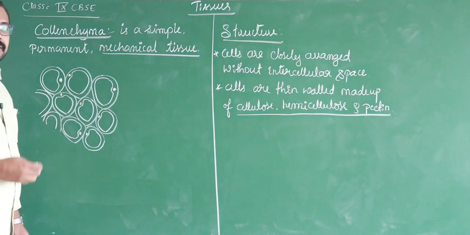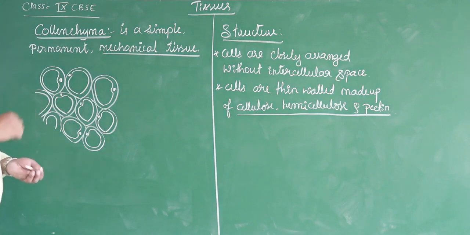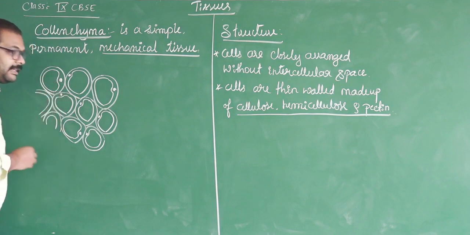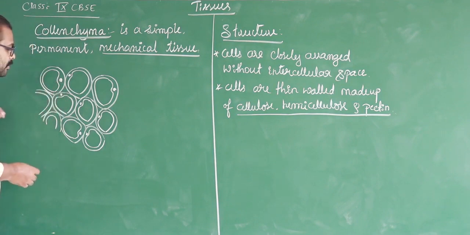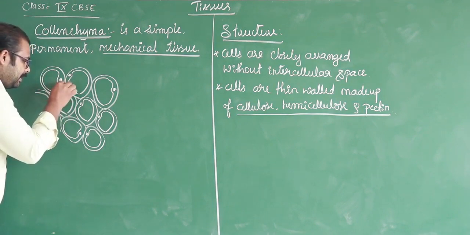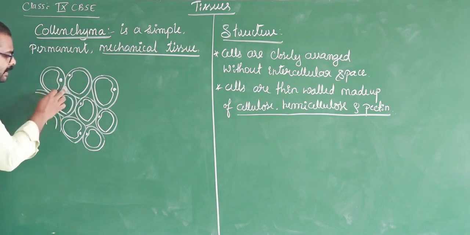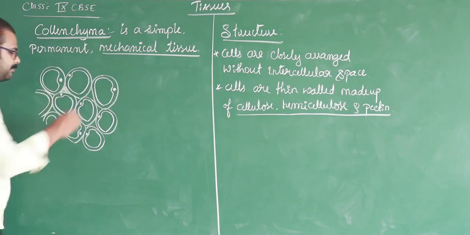These substances are deposited on the inner surface. This is the outer surface, this is the inner surface of the collenchyma cells. Here you see the deposition of these substances. Usually the pectin is deposited so that there will be no intercellular spaces.